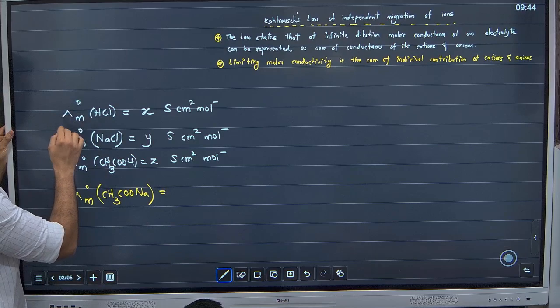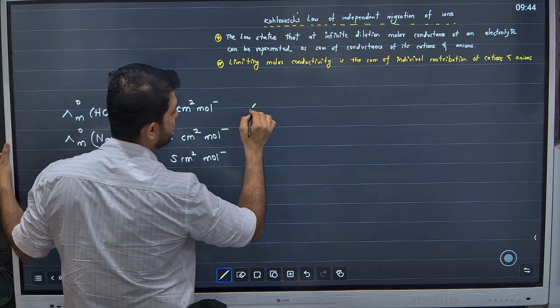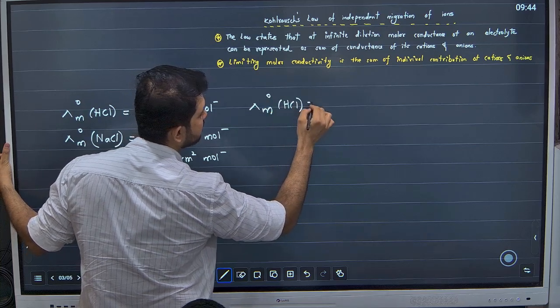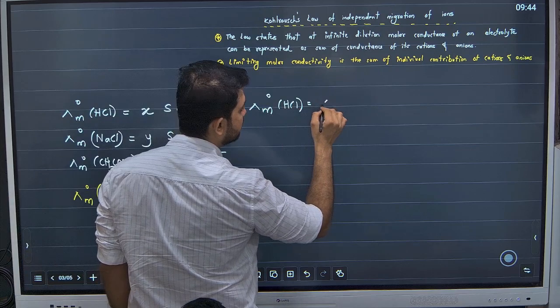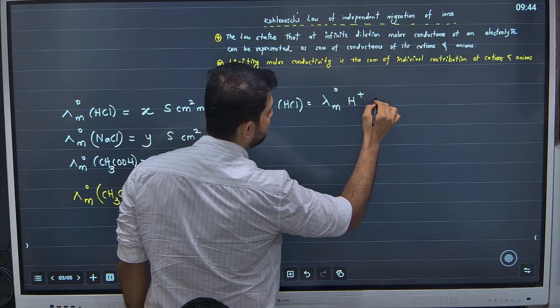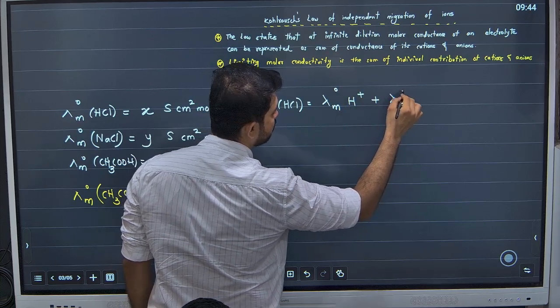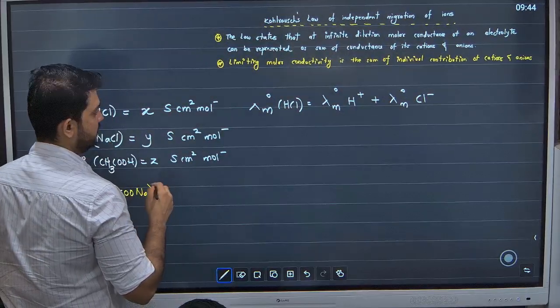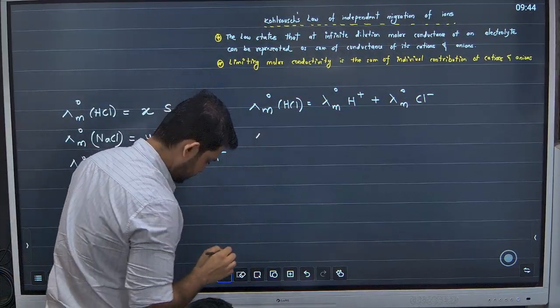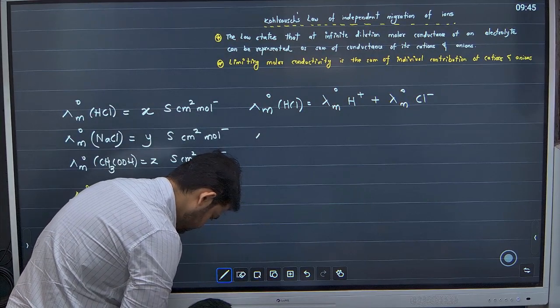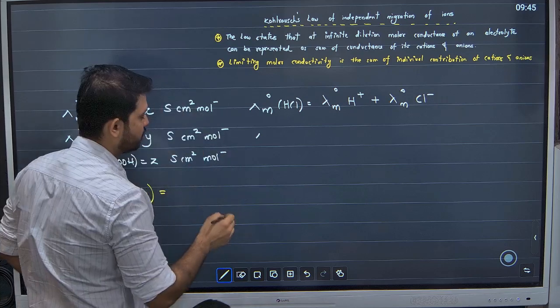First, lambda m naught for HCl. How can I write it in terms of individual cations and anions? I can write that as lambda m naught of the cation and lambda m naught of the anion. What about NaCl?